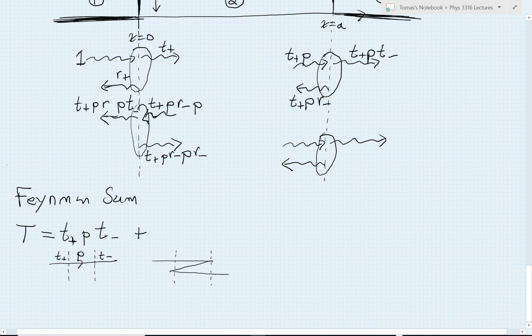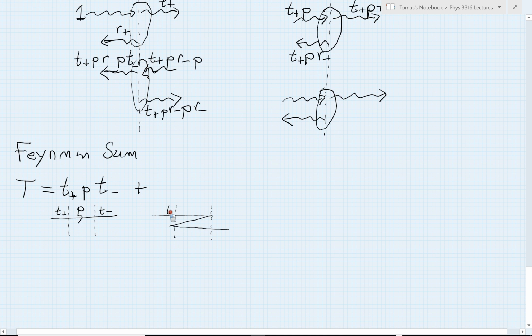So there's a whole series of factors that represent what's known as a particular history. There was the T plus where I transmitted inwards originally. There was the propagation P across, and the R minus because I'm hitting this downward step. I then propagate across P. I then reflect off of this step.